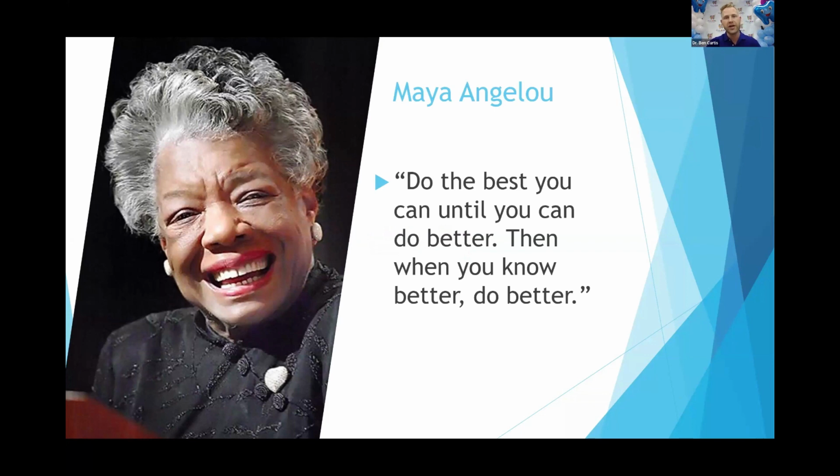We were all trained to be the best doctors we can be. But what if there were better ways of doing it, better ways of handling it, better ways of treating it? Then wouldn't we know better and then do better? So let's do better. You're going to see by the end of this that there's a better way of doing this.